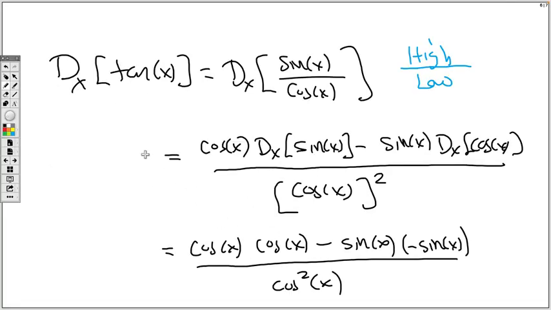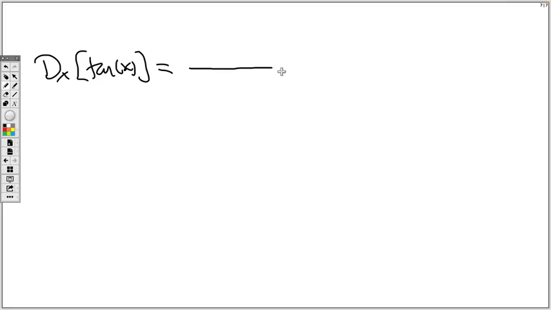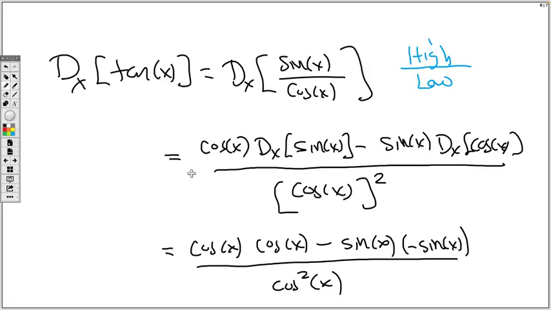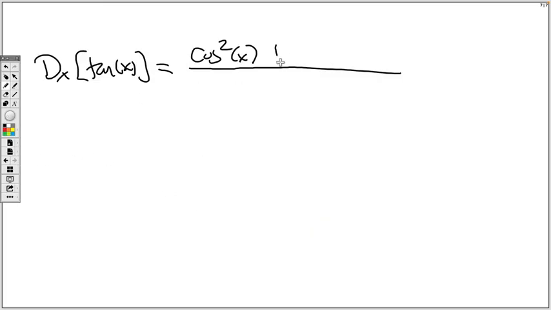All right, cosine times cosine is what? Cosine squared. Once again, don't forget this negative. It's minus sine times minus sine. So this is going to turn into a what, folks? Positive sine squared. Good.